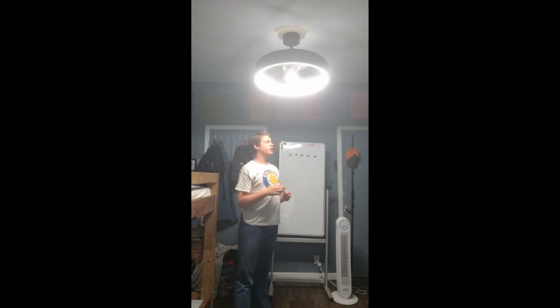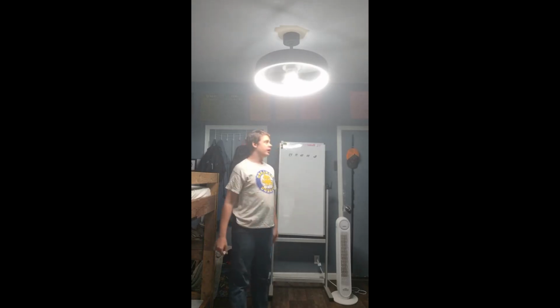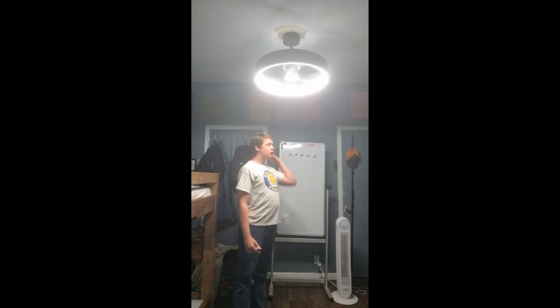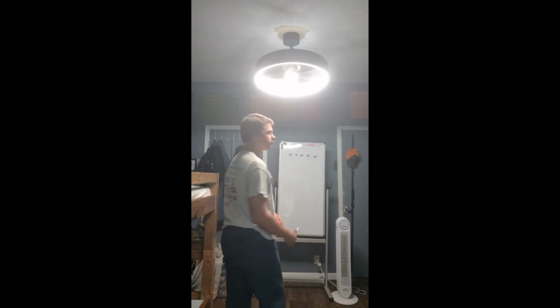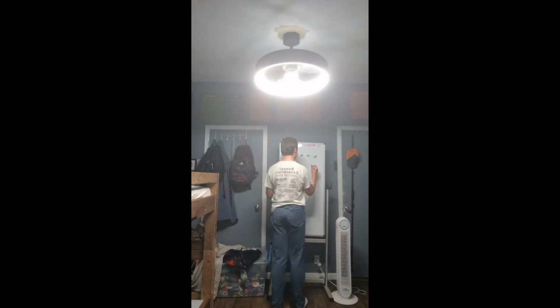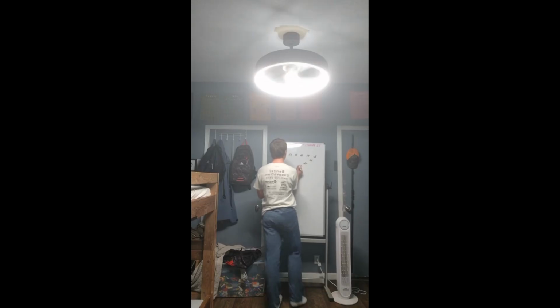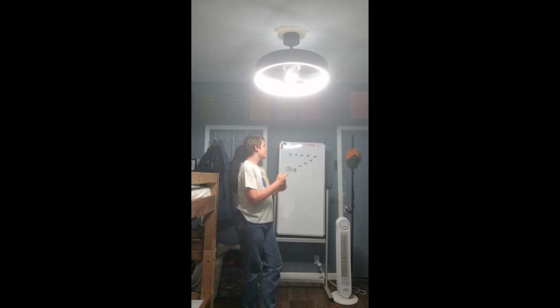The mean is adding all of the sums up and then dividing it by the number of numbers they're on. So, 16 plus 14 is 30, plus 16 is 46, plus 11 is 57, plus 13 is 70. Divide that by 5, we get 14. 14 is our mean here.